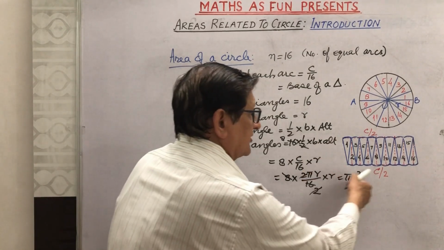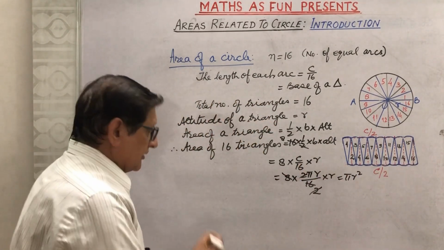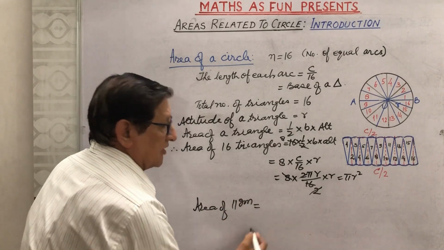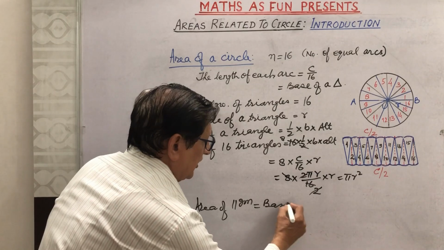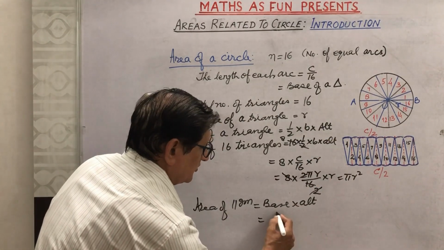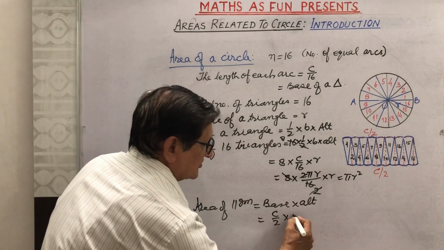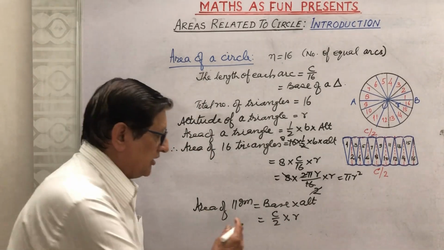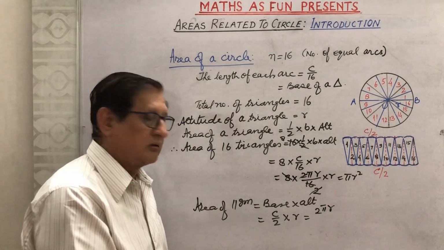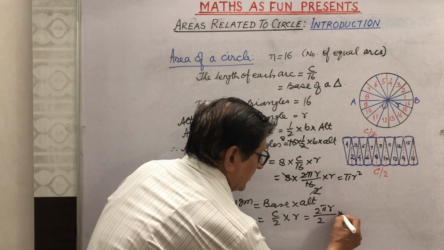Even if we take this as a parallelogram, then the area of a parallelogram is given as base into altitude. Base here is c by 2 and altitude is the radius. C, that is 2 pi r, the circumference of a circle, divided by 2, into r.